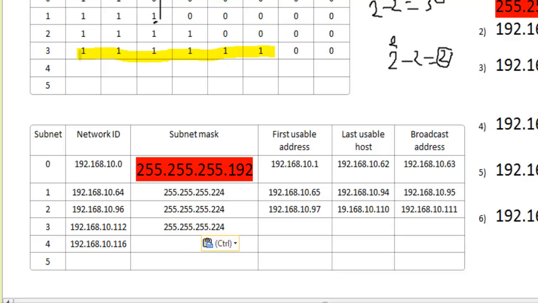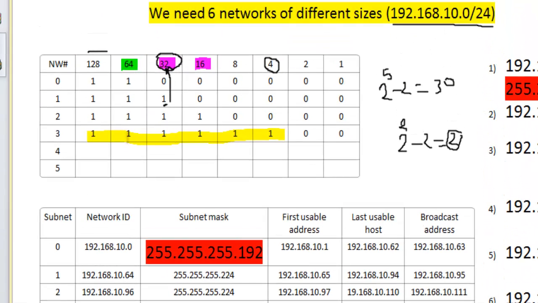So that would be 128 plus 64 plus 32 plus 16 plus 8 plus 4. So 128 plus 64, that's 192. 192 plus 32, that's 224. 224 plus 16, that's 240. 240 plus 8, that's 248. And 248 plus 4, which is 252.